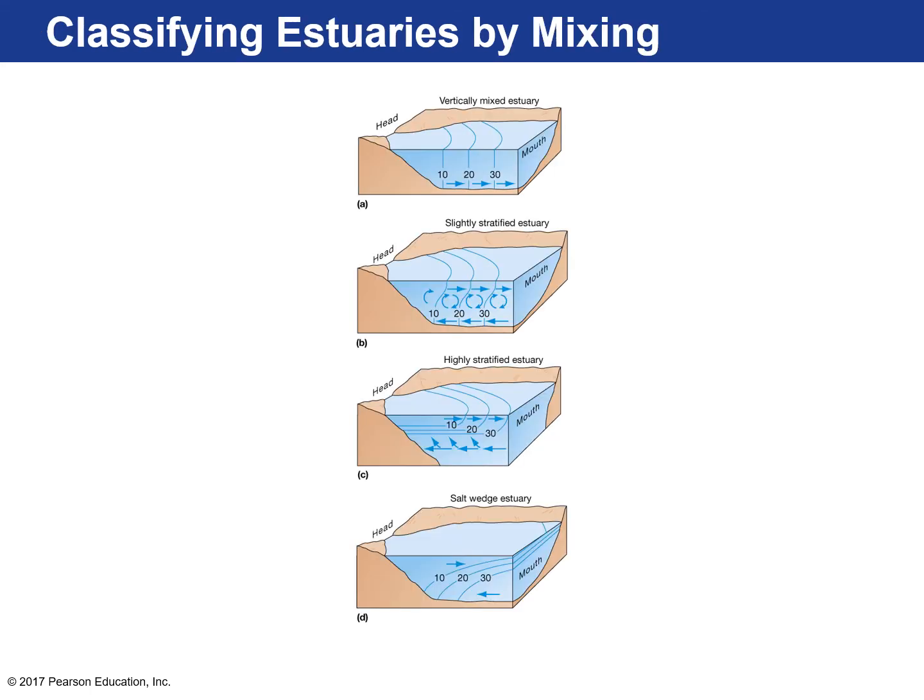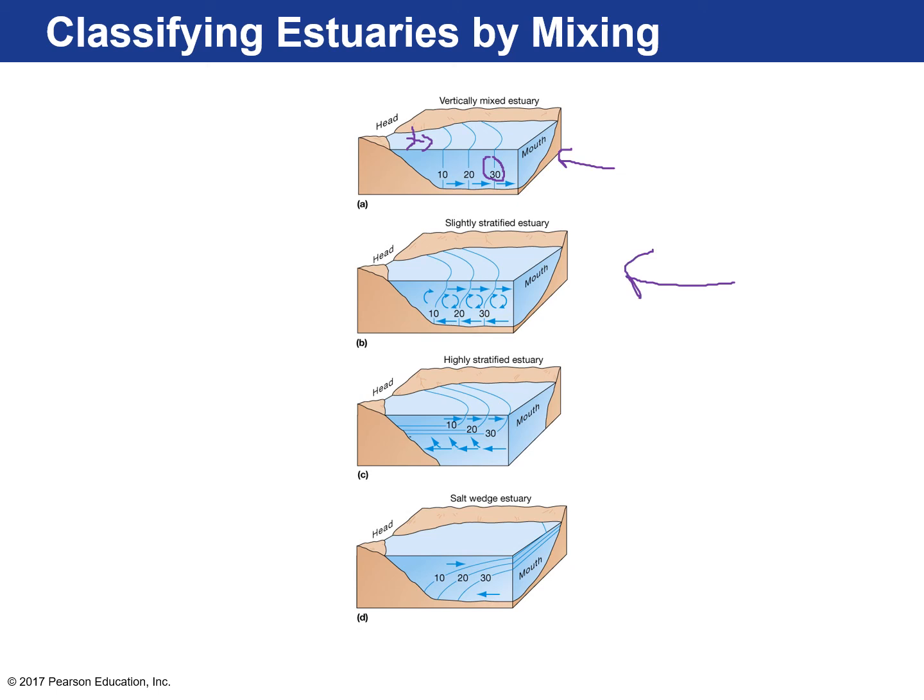So here is the vertically mixed estuary. Estuaries are typically like this when you have very well mixed water. Okay, so good vertical mixing, aided by tides, and not a lot of incoming fresh water, not enough to inundate and create stratification. Here's the slightly stratified one, and here's the highly stratified.